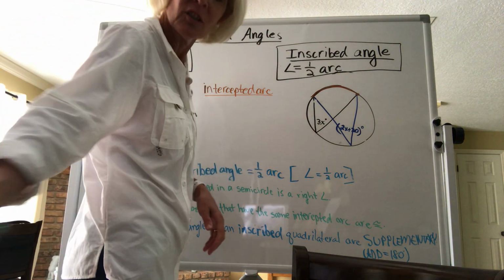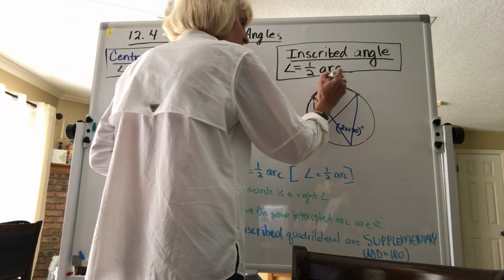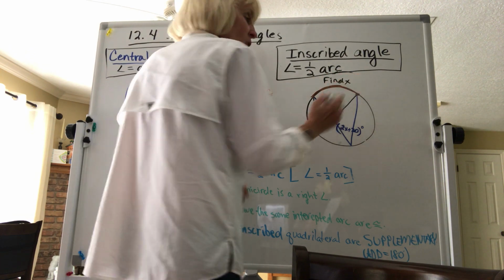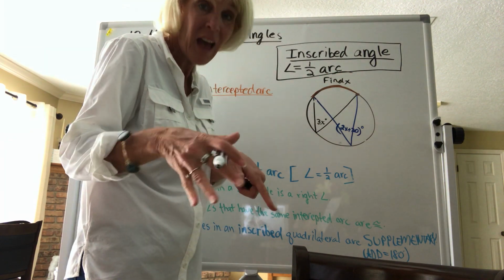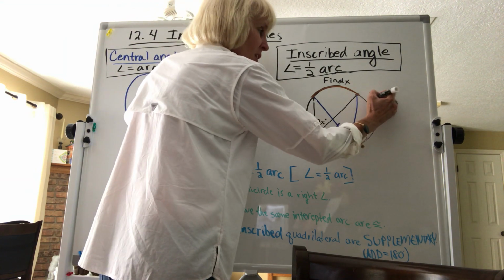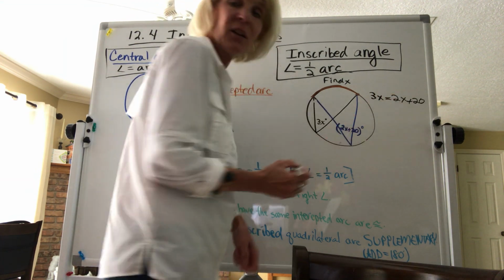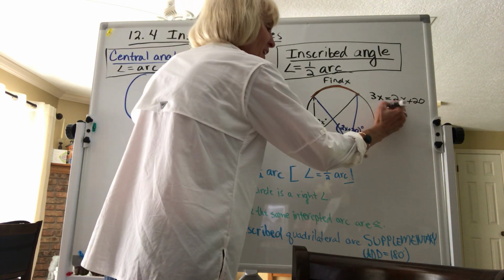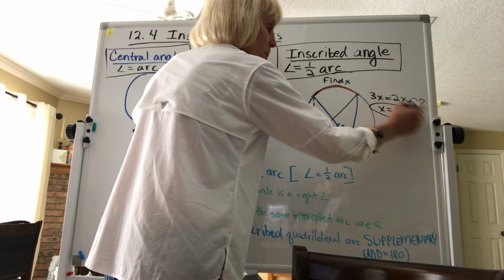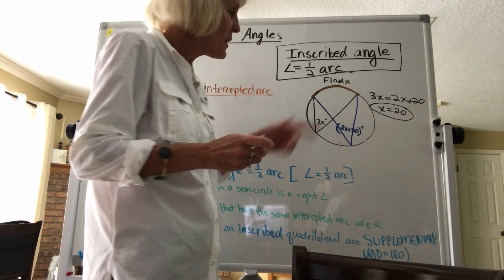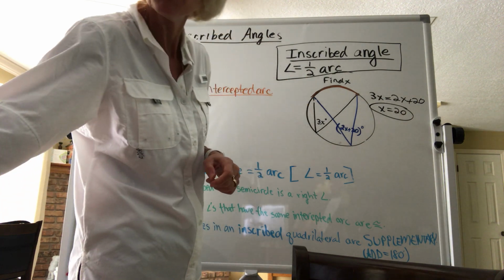So if the directions, I didn't put the directions on here, said find x, you don't have to go through the half the intercepted arc. I would simply say 3x is equal to 2x plus 20. I told you I'd make you an easy one here, and x would equal 20. Okay? So anytime they have the same intercepted arc, they would have to be congruent.